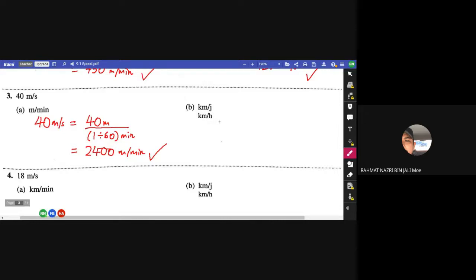Okay, next one. 40 meter per second, convert it to kilometer per hour. So from meter to kilometer, we have to divide it by 1,000.